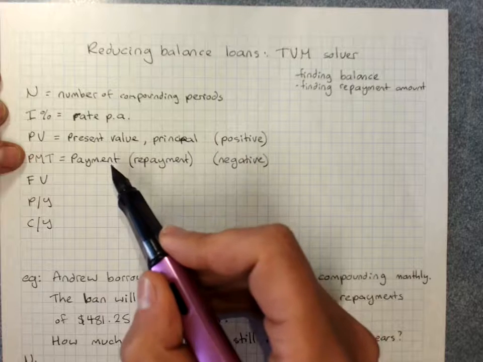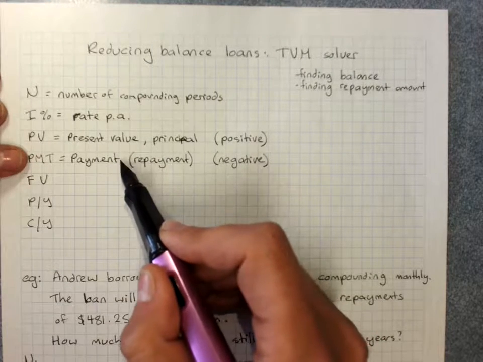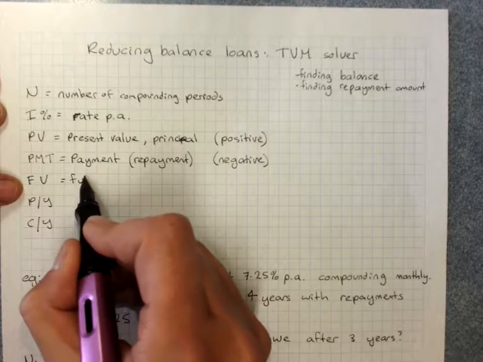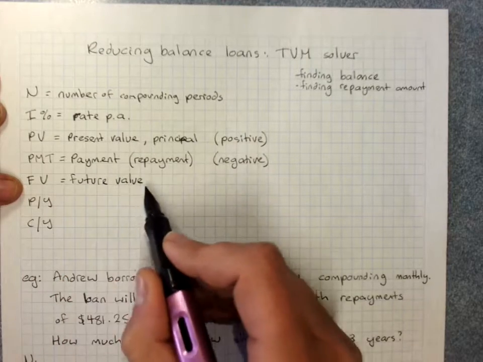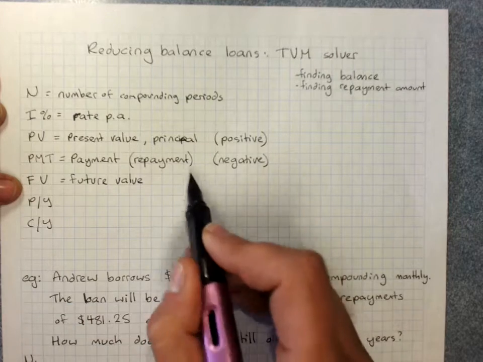So this is what's new in this from last time we used the TVM solver, is that we're making repayments. FV is the future value. Now, this can be positive or negative or zero.